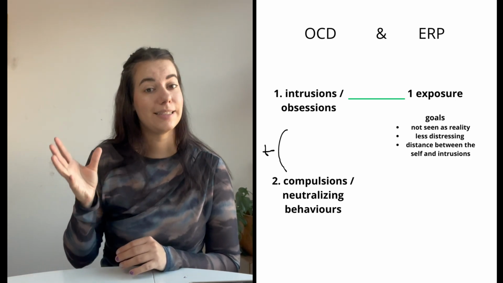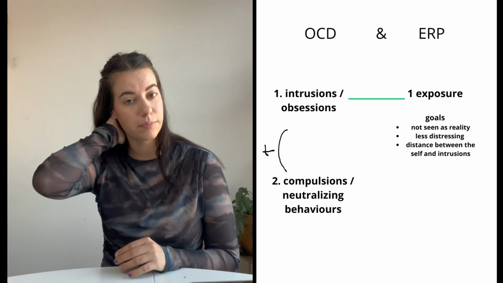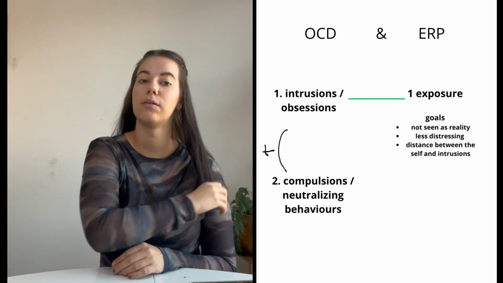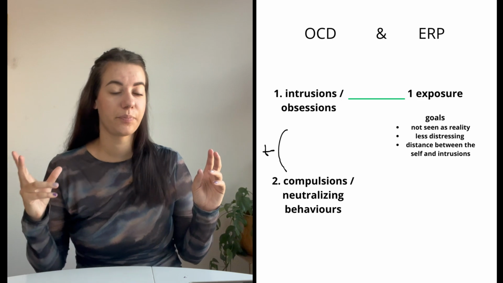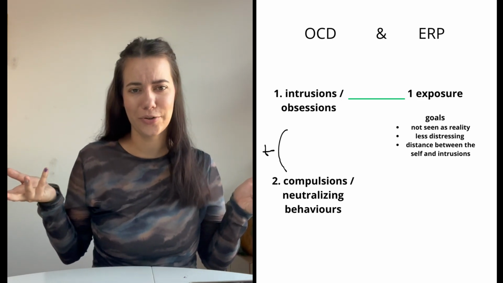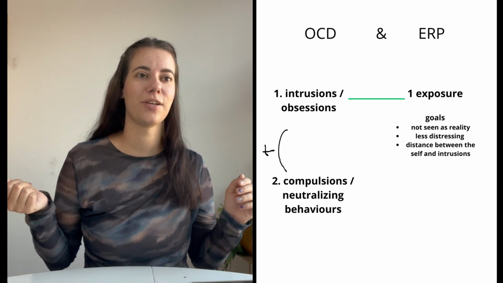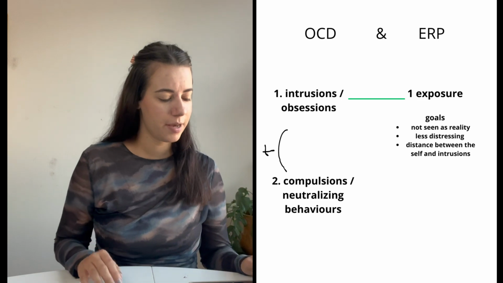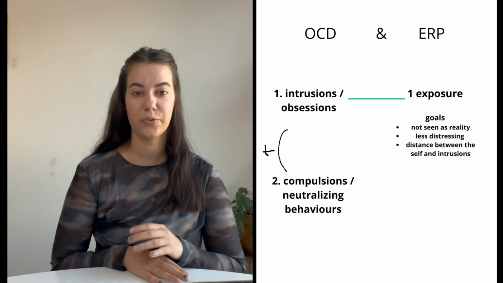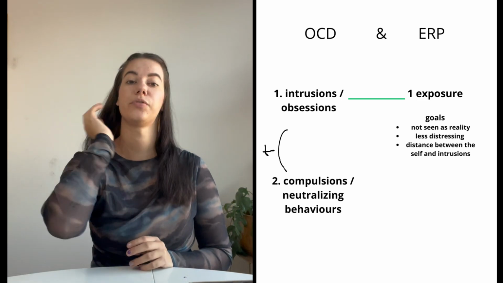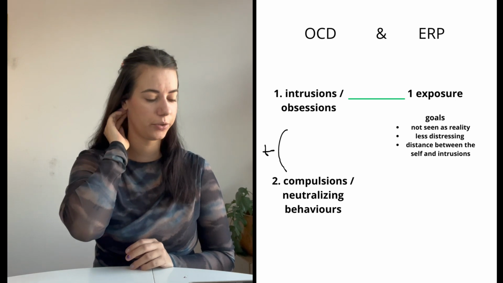I think this is already a 50-year-old treatment or something. It is also very well researched. I don't know if that's the right English way of saying it. But it's an evidence-based treatment, and it's also the first option for treatment in clients with OCD in most countries.